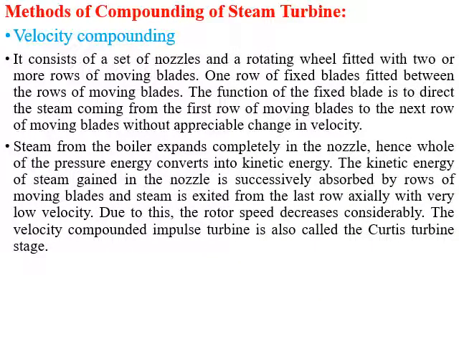Steam from the boiler expands completely in the nozzle and the overall pressure energy converts into kinetic energy. The kinetic energy of steam gained in the nozzle is successively absorbed by the rows of moving blades and the steam exits from the last row axially with very low velocity. Due to this, the rotor speed decreases considerably. The velocity compounded impulse turbine is also called the Curtis turbine stage.